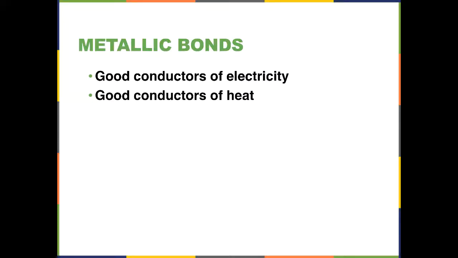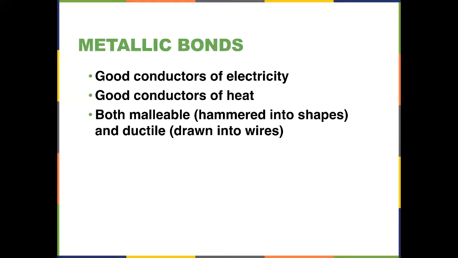They also conduct heat because they allow for a lot of freedom of movement. They are what's called malleable, which means they can be hammered into shapes, and ductile, which means they can be drawn into wires. You can heat them up and pull on the two ends of an iron bar and it will stretch into a wire if you pull it far enough.